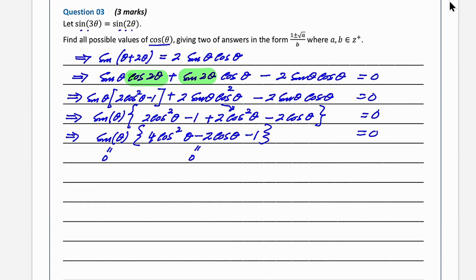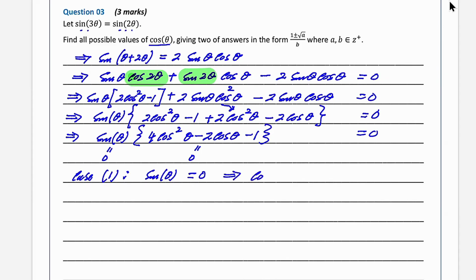All good, my friend. Now we have to be very careful, consciousness to the top level. Now I'm going to get case 1. In case 1, sine theta is equal to 0, isn't it? Now, what do we need to find? We need to find cos theta. So when sine theta is equal to 0, what would be cos theta?